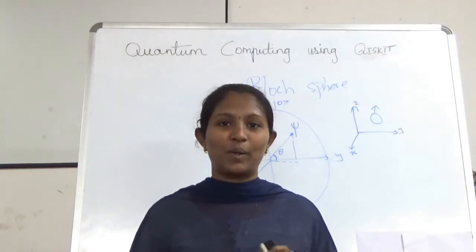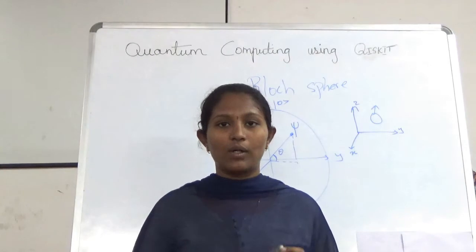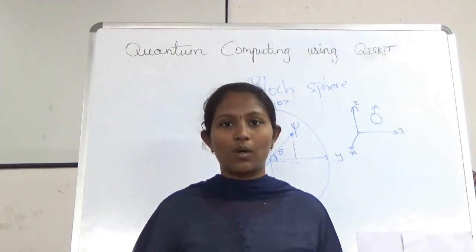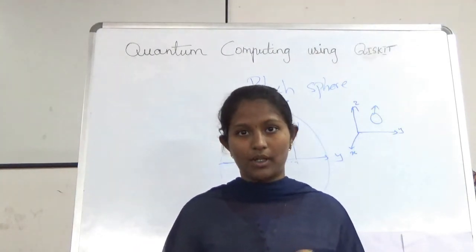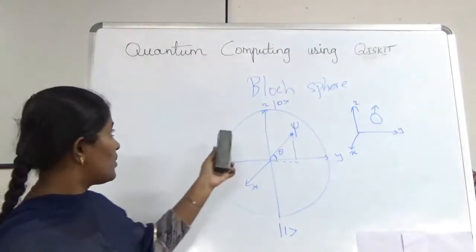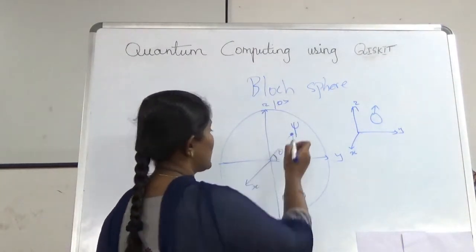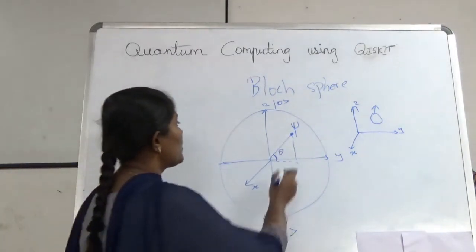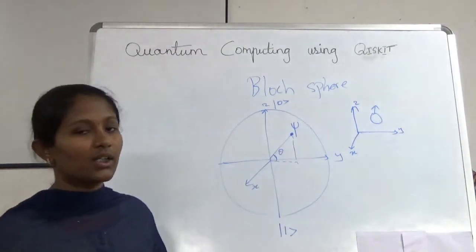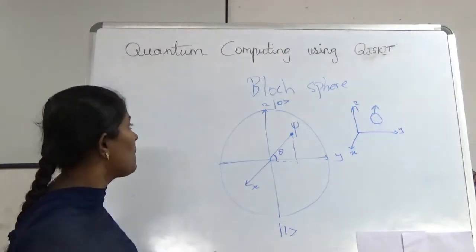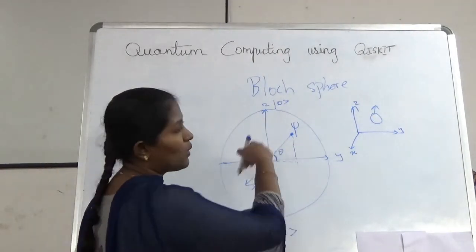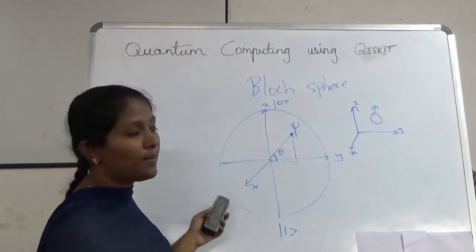Normally, the nucleus is surrounded by an electron cloud where all the electrons are present. The electron cloud is a spherical shaped cloud. So we use the Bloch sphere to identify the exact position of the electron. If we find the position of the electron, we can measure the spin of the electron. Here we have three coordinates because the sphere is a three-dimensional object.